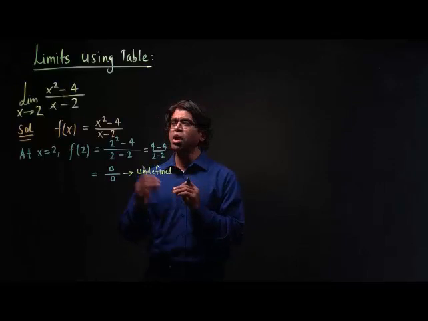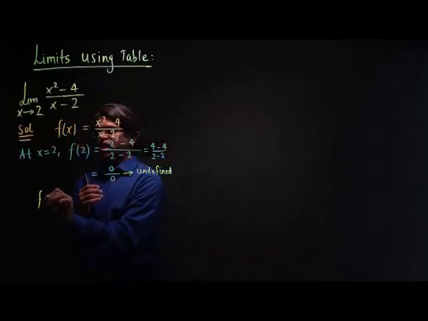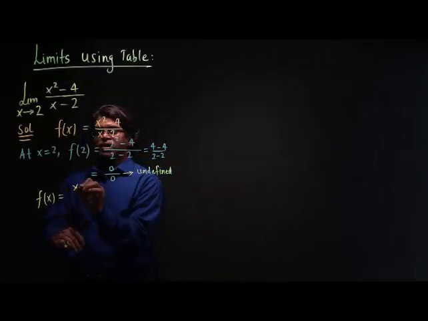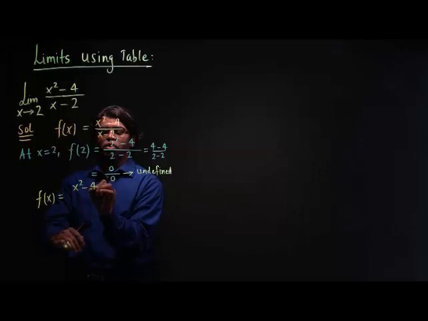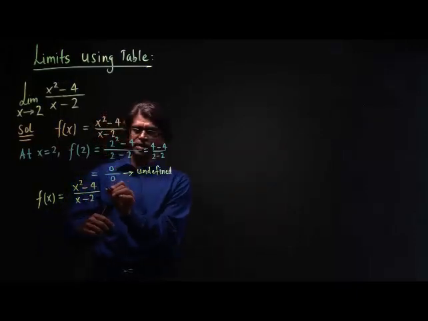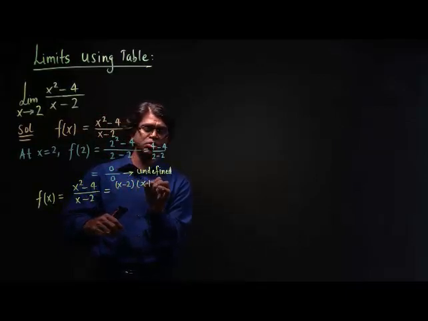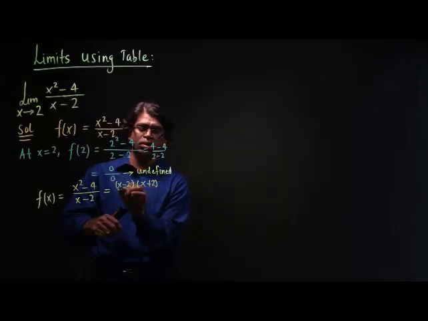So I'm going to simplify this function. f(x) is equal to x squared minus 4 over x minus 2. If I simplify this expression, I can write it as (x minus 2) times (x plus 2) over (x minus 2).